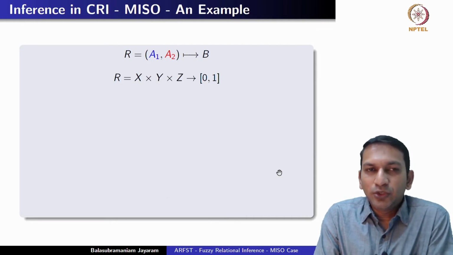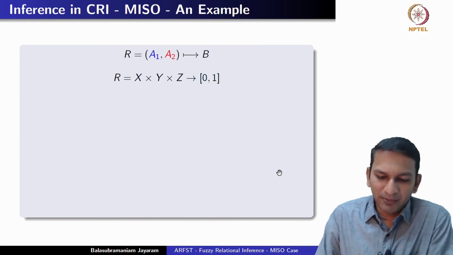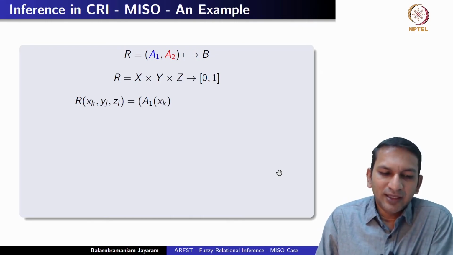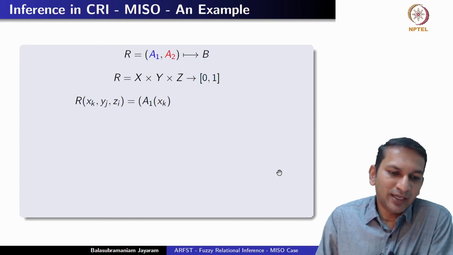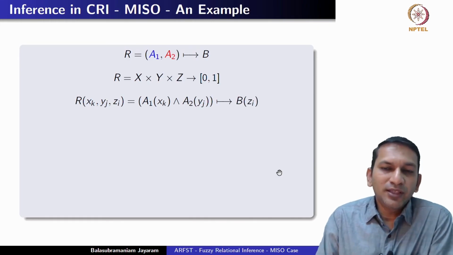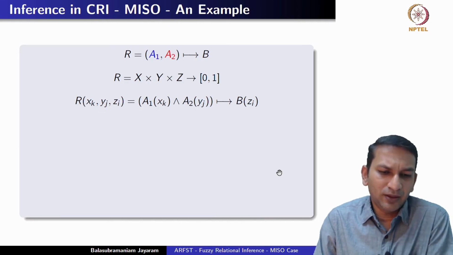There are two antecedents and a consequent, coming from x1 cross x2 cross y, 3 dimensions, and so the relation R is over these 3 dimensions. So R of xk, yj, zi is built from the membership value of xk in A1 and membership value of yj in A2, and using the F operation, the membership value of zi in B.